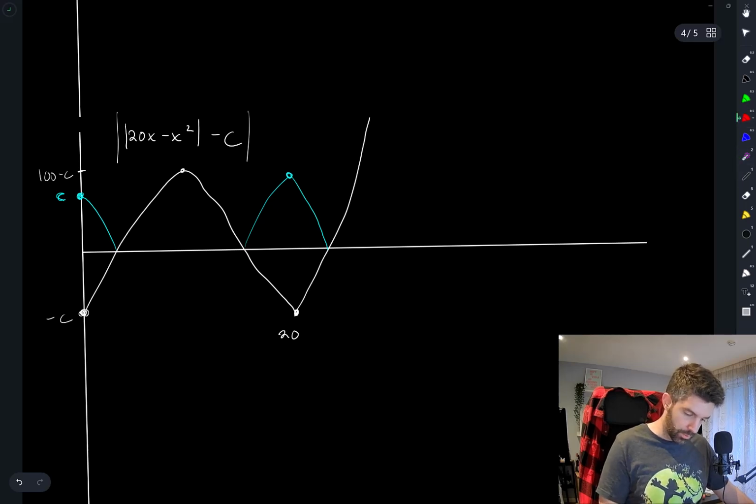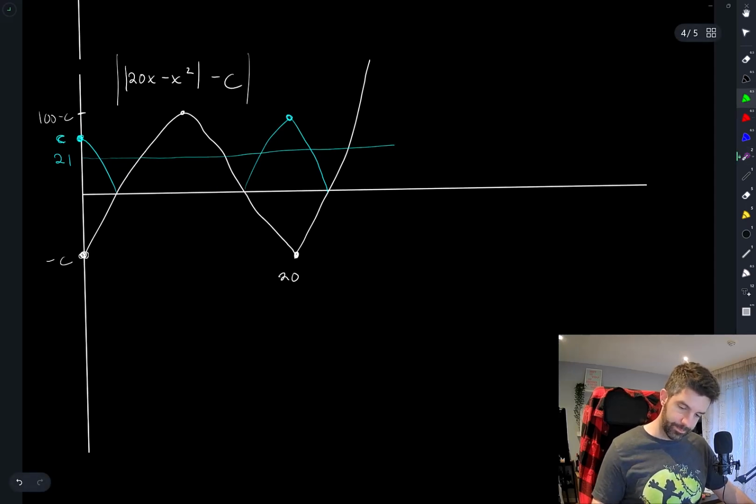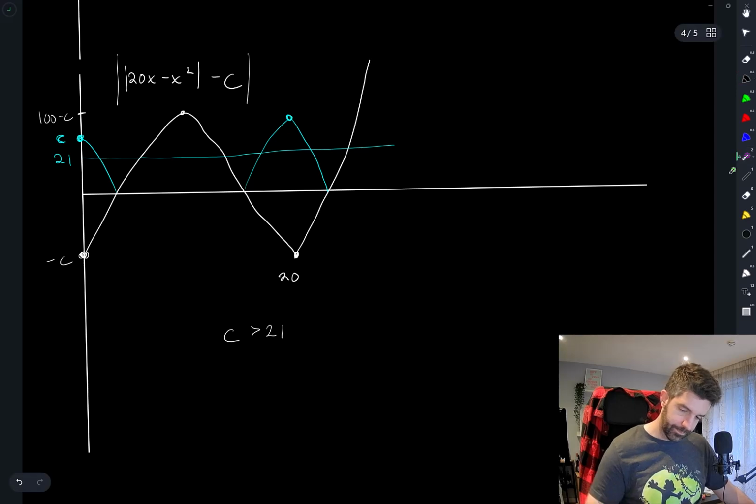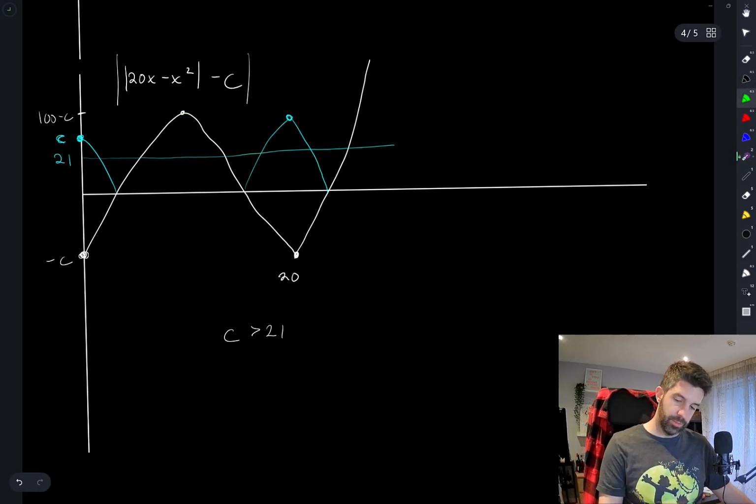And so I need, if I draw a horizontal line at 21, it's clear I need c to be strictly greater than 21. I also need this number to be strictly greater than 21.